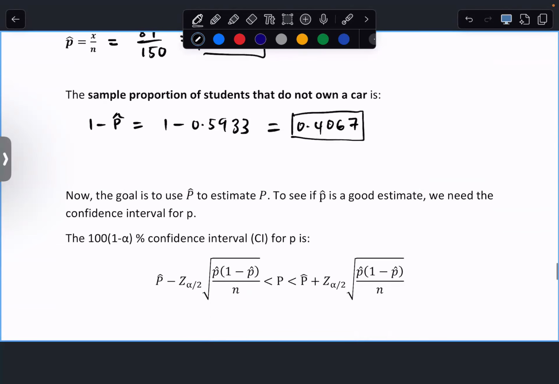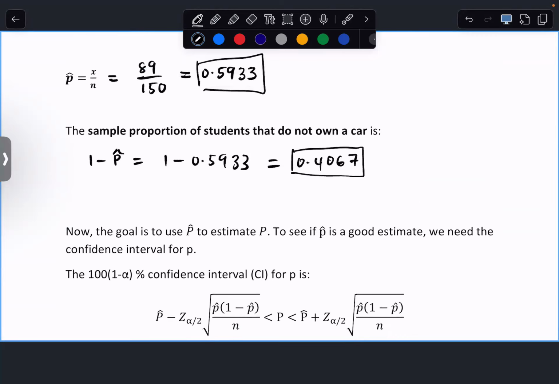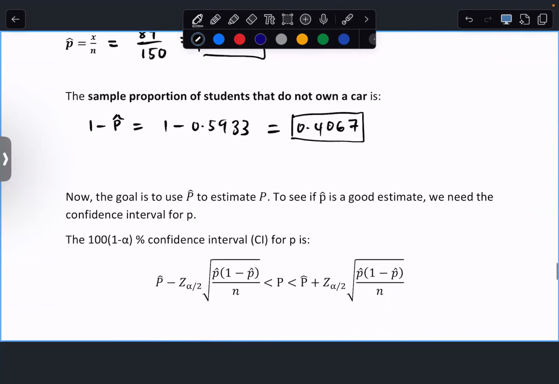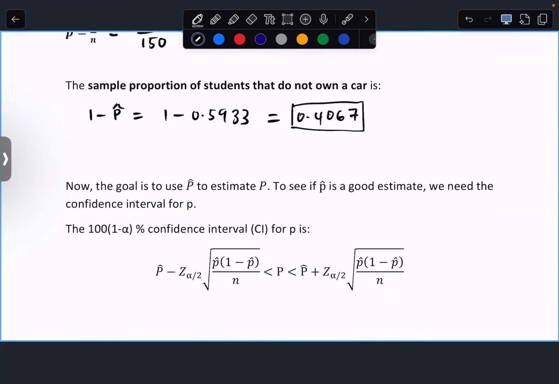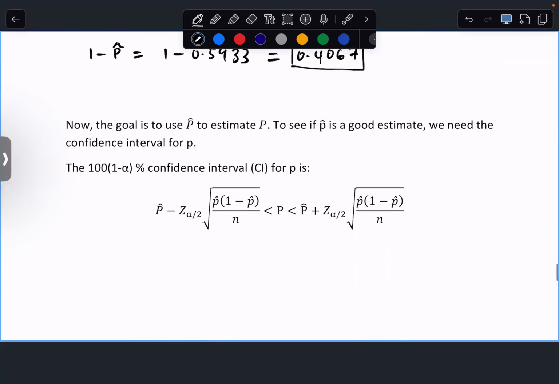So with this, we are good to construct the confidence interval for our population proportion. If we want to do that, this is the formula, and it is very easy, I guess, because you can compress this formula into just one.